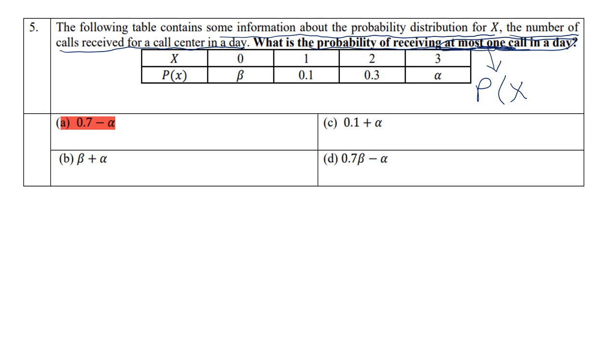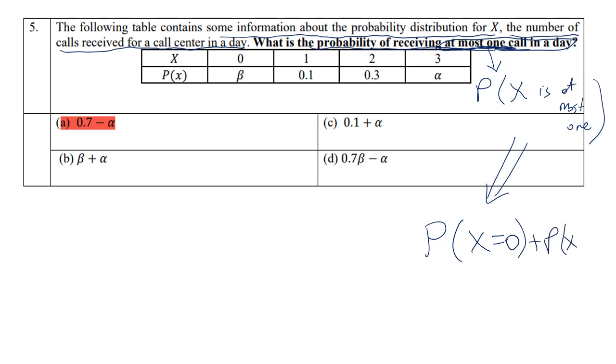So it means X is at most 1. What does this mean? At most 1 means either X is equal to 0 or X equal to 1. So this corresponds to 0 or 1.